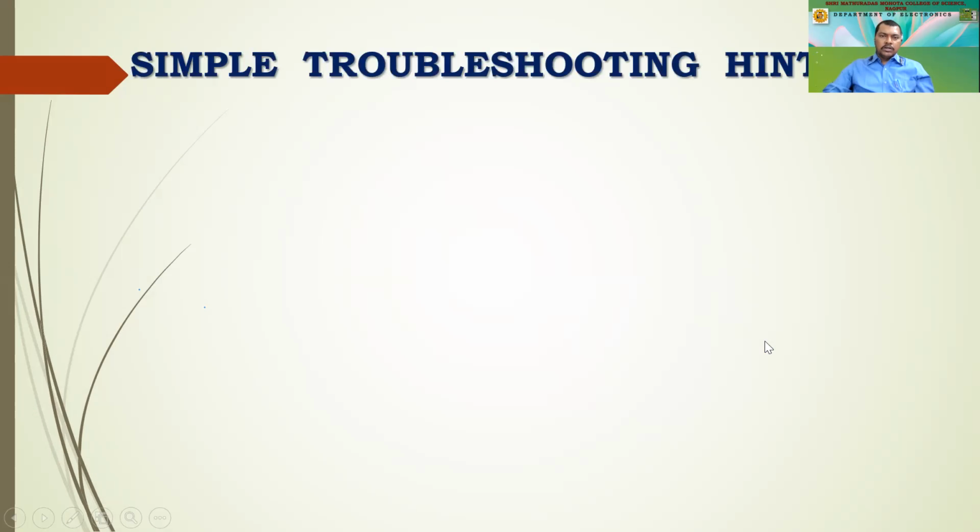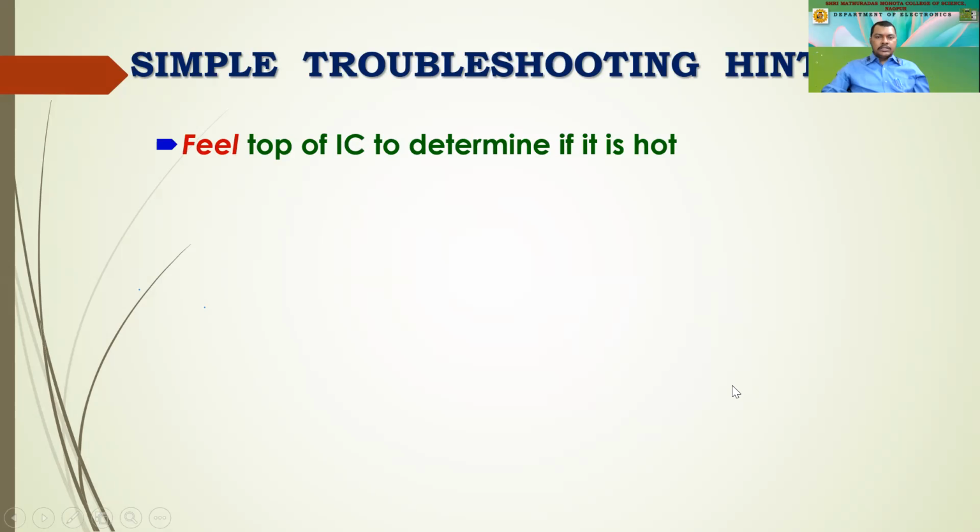And these are some of the hints we require for troubleshooting. Feel the top of the IC to determine whether it is hot or not. When you use this IC, you should know how you are using it. If you touch the top and it is hot, then it is having a load.